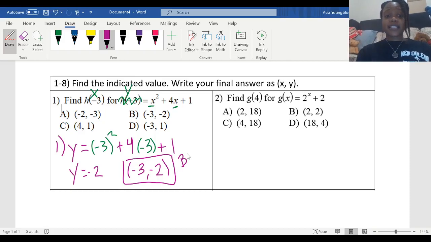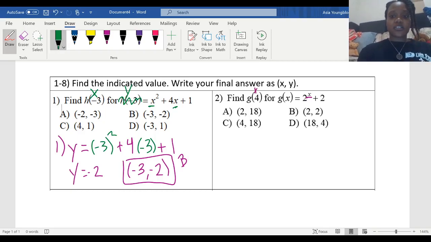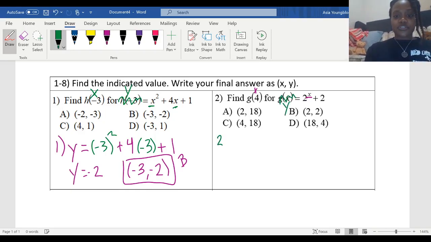Number 2 is basically asking the same thing. We're given this number 4 in the parentheses, so that means they're giving our x value, and we're going to plug it into the function. And also keep in mind, this g of x is just another fancy way to say y. So for number 2, on your corrections, you're going to write y equals, write the big 2 that's there, and then we're going to change that x to a 4, and then plus 2 from the function.